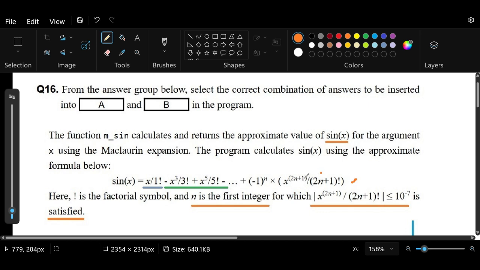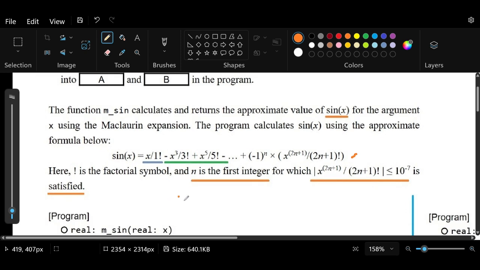This one here. The exclamation point is the factorial symbol, and n is the first integer for which this expression is satisfied.